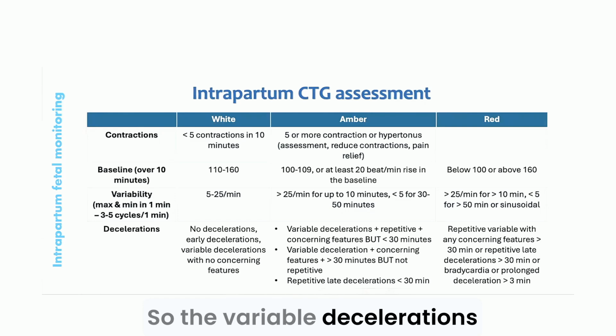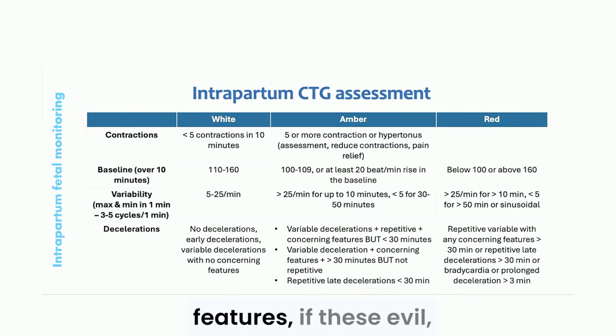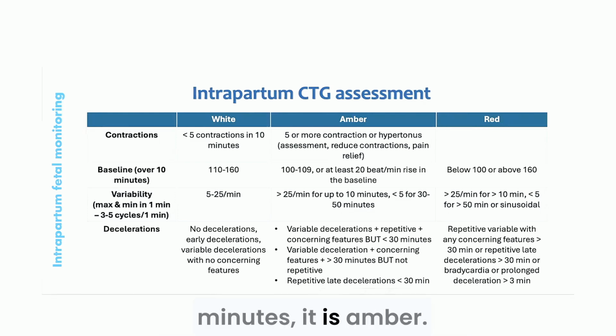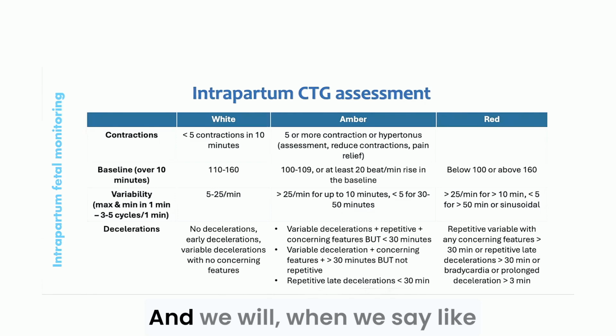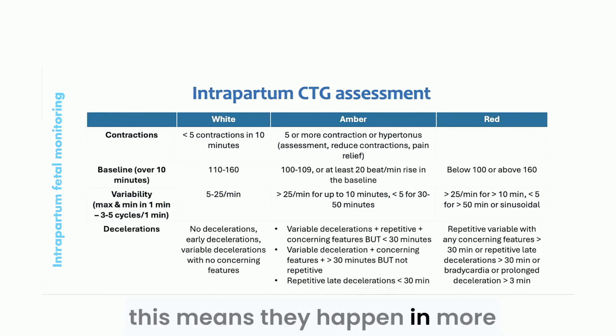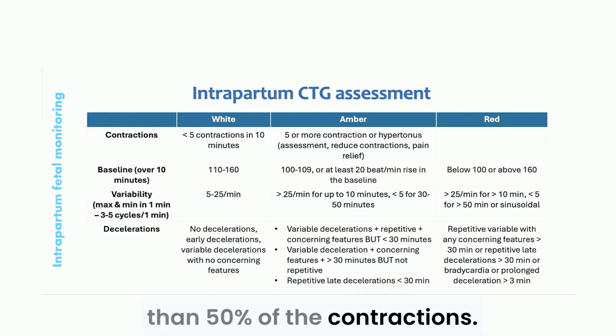So concerning variable decelerations, let's call them the evil variables. The variable decelerations that are evil, that are ugly, because they have concerning features. If these evil variables are repetitive but happening for less than 30 minutes, it is amber. When we say these evil variables are repetitive, this means they happen in more than 50% of the contractions.